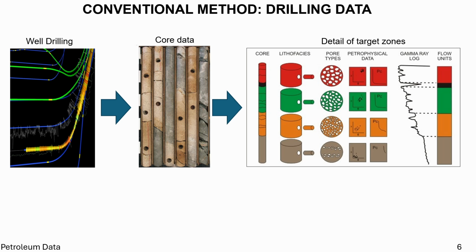This slide highlights core data and details of target zones. Core data are extremely valuable because they provide direct physical samples of the reservoir rock. Unlike seismic and logs, which are interpreted measurements, core lets us hold the rock, analyze it in the laboratory, measure porosity, permeability, capillary pressure, wettability, and much more.